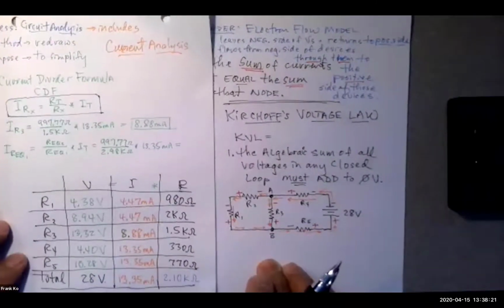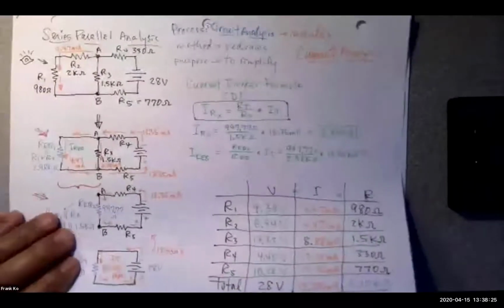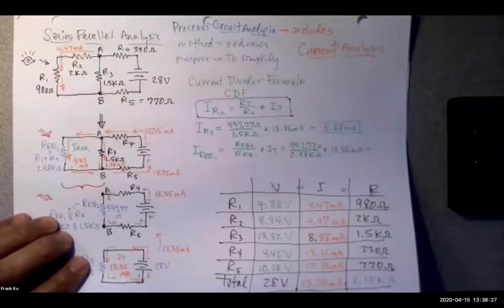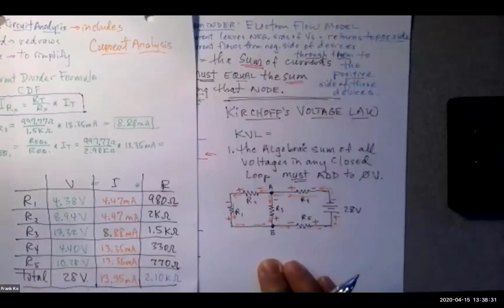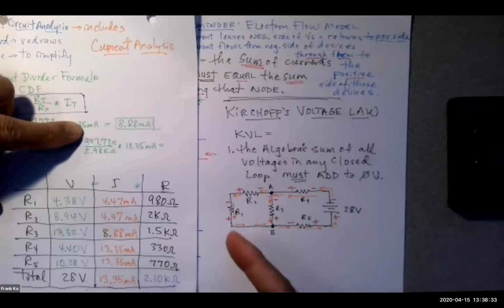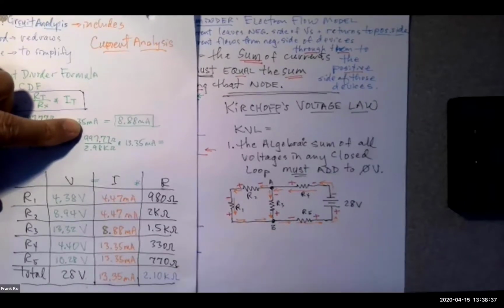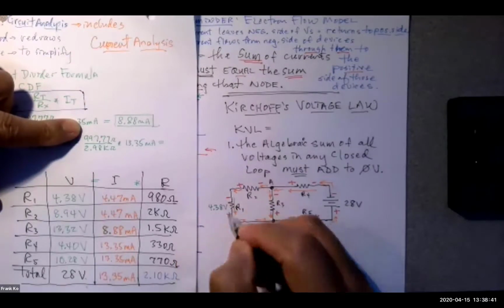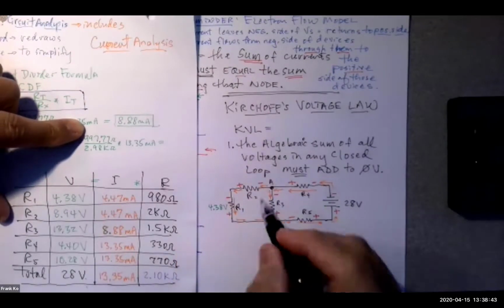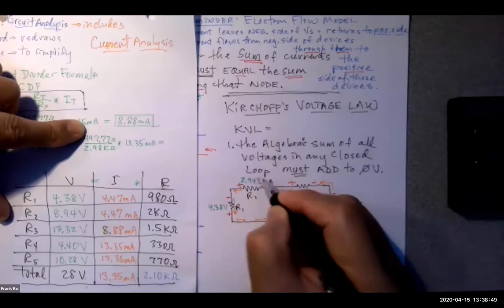These were the voltages that we determined from this circuit analysis last time. So I'm going to set this aside and write down the values that we have. The voltage across R1 was deemed to be 4.38 volts. The voltage across R2 was 8.94 volts.